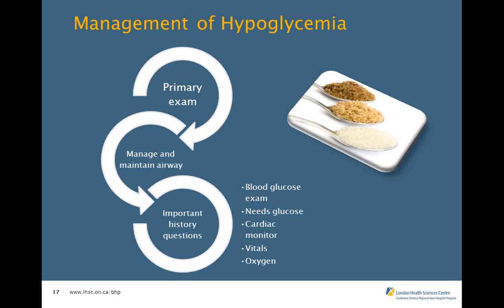For people with a decreased level of consciousness, the BLS standards say that they have to have oxygen put on them, and these are the important first steps in the supportive management. But all of these people need a blood sugar exam done, because there's really no simple way that you can tell whether the slight confusion is low blood sugar or something else. But in people who are on diabetes medications, you have to assume that their blood sugars are low and do a blood sugar examination.